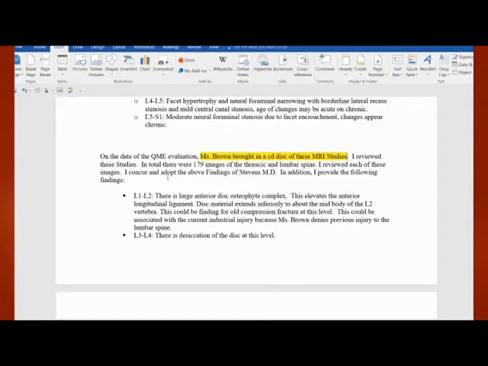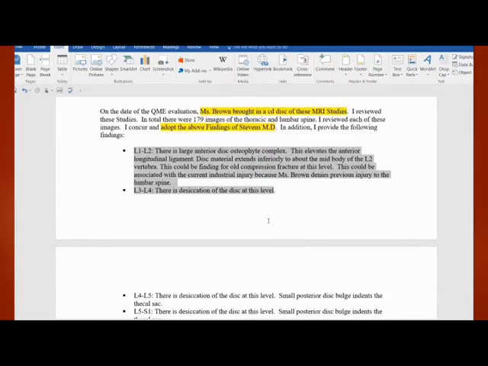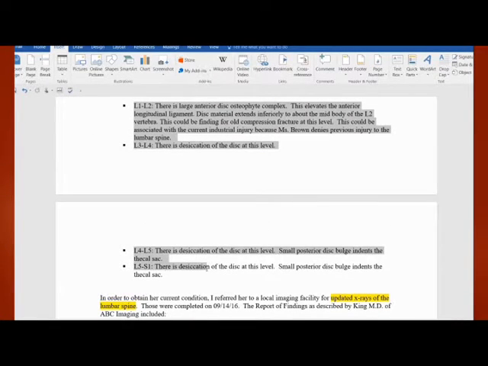And even if I didn't have anything significant to add to the findings of the medical radiologist, I indicate here to the reader that I adopted the findings of the medical radiologist, and I provided a few additional findings that I felt I was qualified as a chiropractor to comment upon.